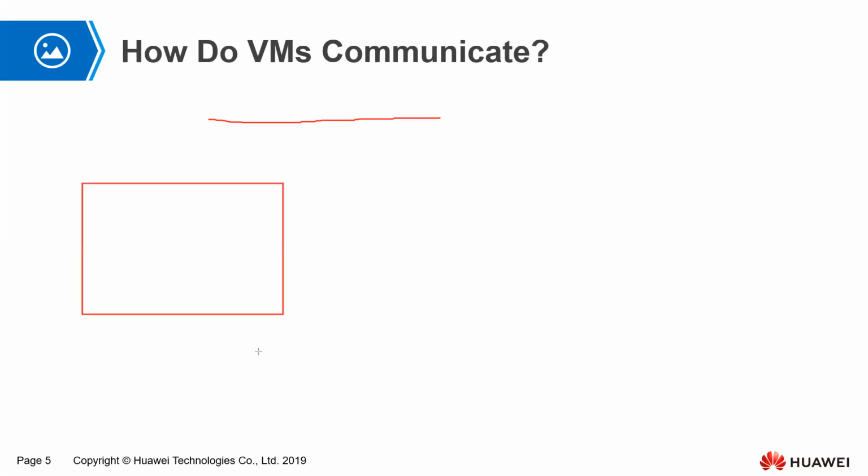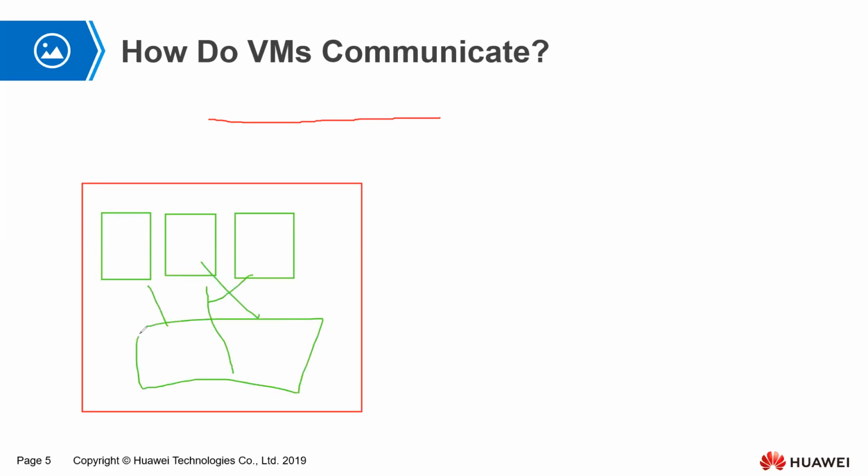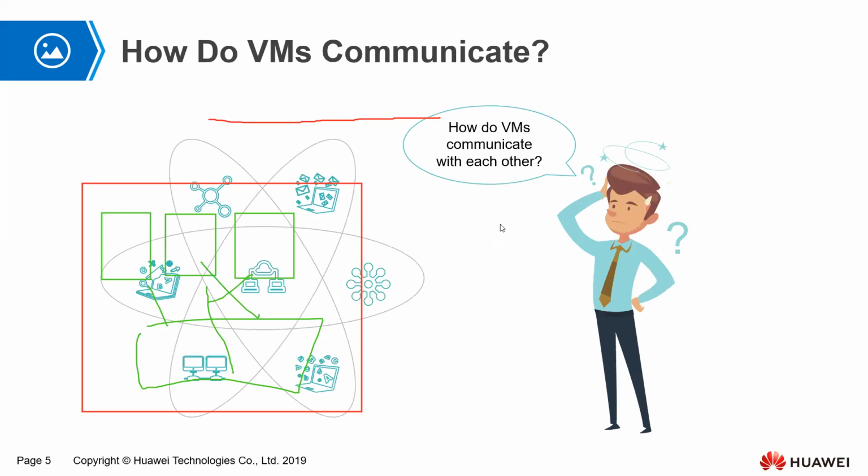If we have our server and different virtual machines inside that server, how do they communicate with each other when there are no physical cables or physical switches inside connecting them? We also came to realize that there are some invisible, virtual networking devices inside the physical servers.